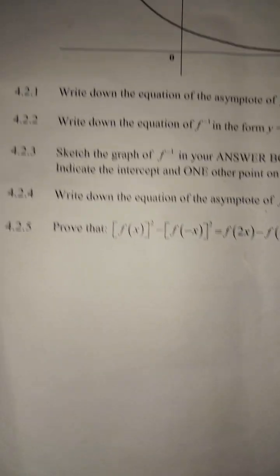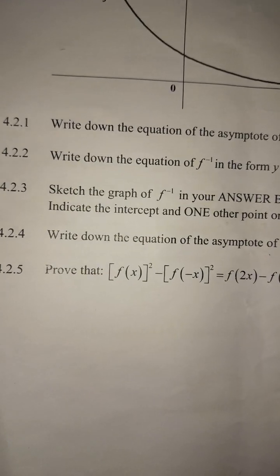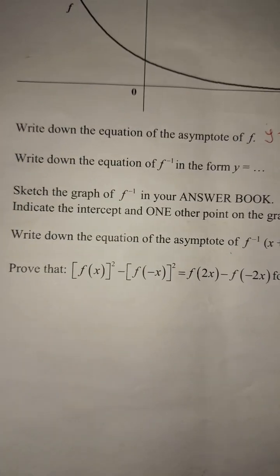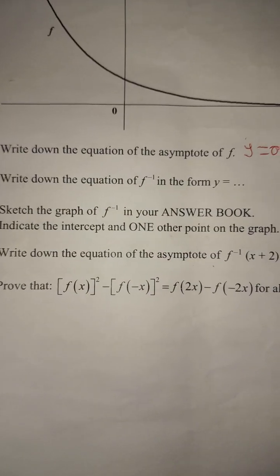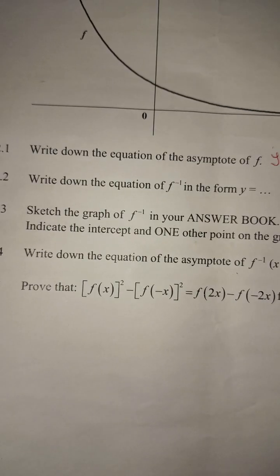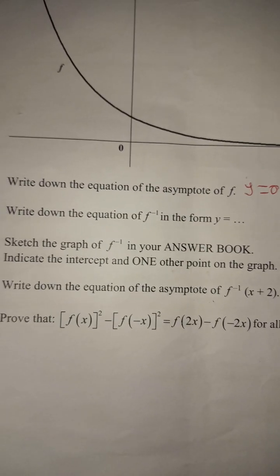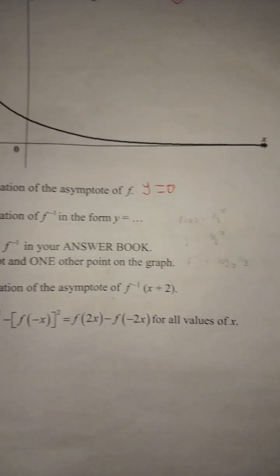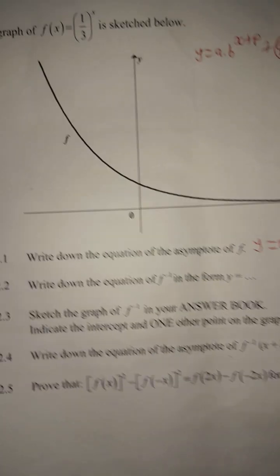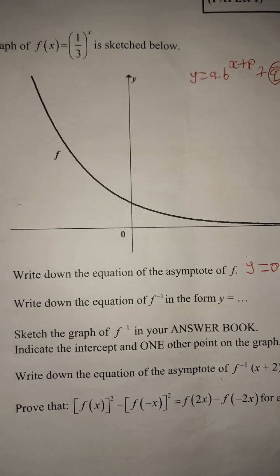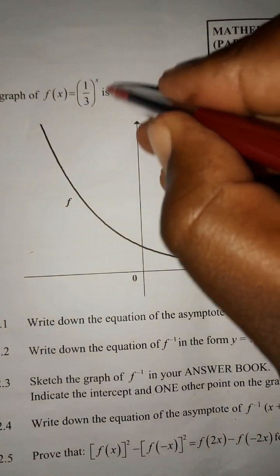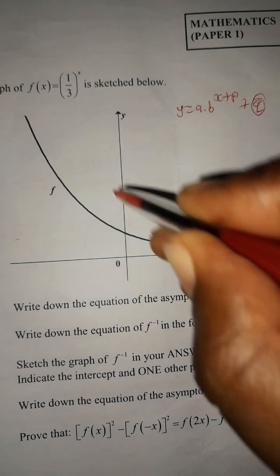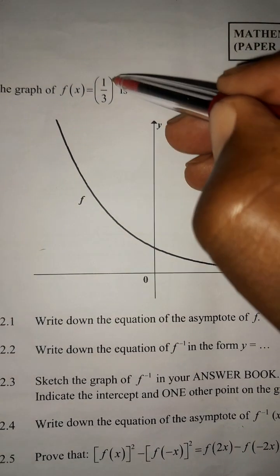Then at 4.2.3, sketch the graph of the inverse in your answer book. Indicate the x-intercept, the intercept, and one other point on the graph. That was 3 marks. So in this case, guys, when we want the y-intercept of this, because this graph didn't have an x-intercept, we will put 0 here.